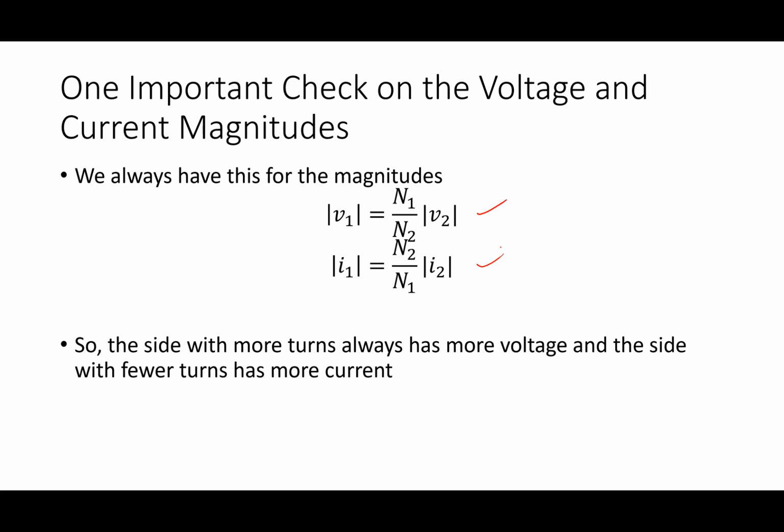For the currents, I have this magnitude relationship. So the way I always think about this is the side with more turns always has more voltage, and the side with fewer turns always has more current. So if there's 4 times the number of turns on one side of a transformer, it has 4 times the voltage and 1/4 the current. But the power on the two sides is the same.